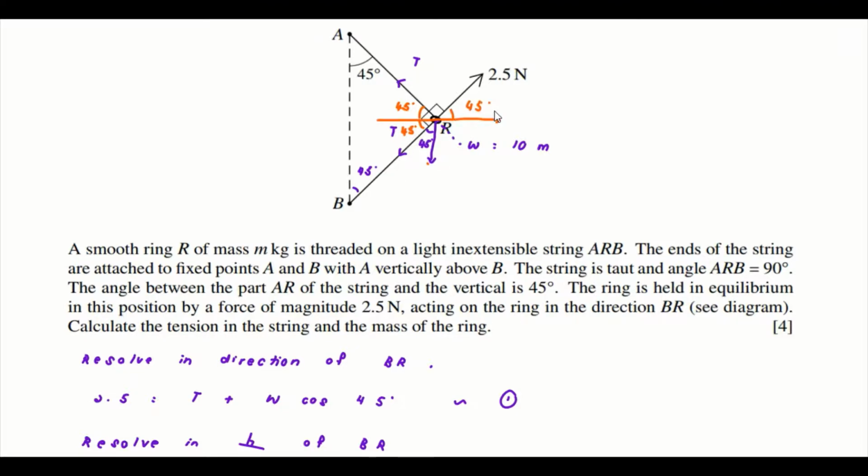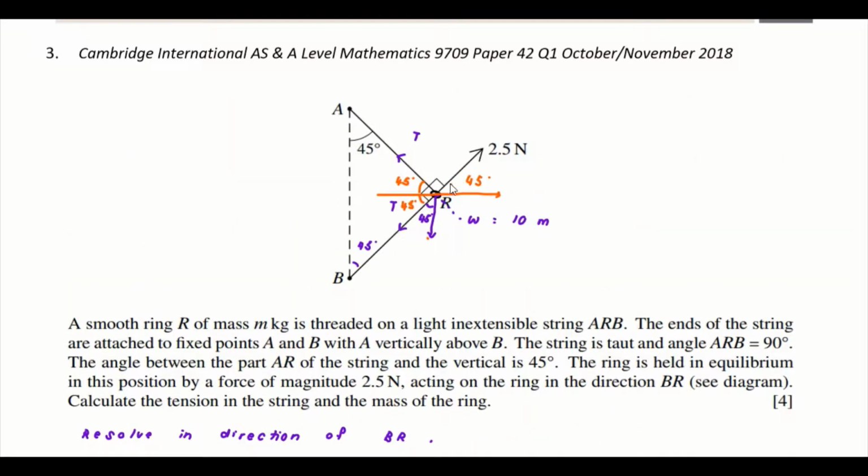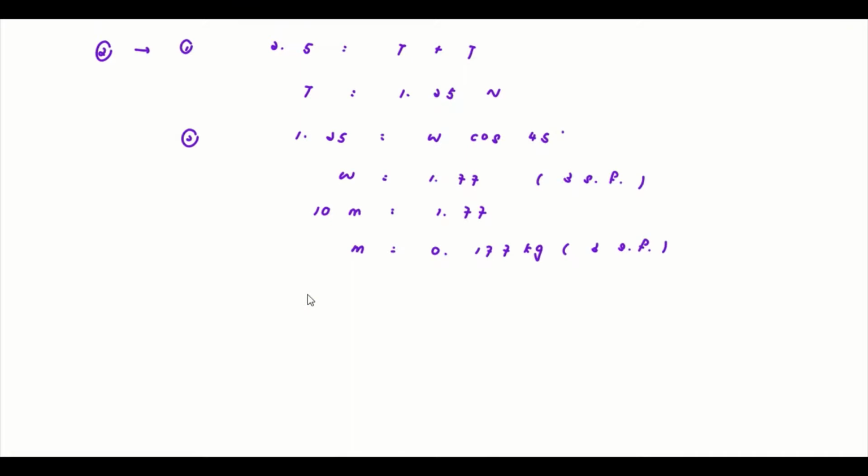Okay, so if let's say I try to resolve it horizontally, then what do I have? So resolving horizontally, I'll have 2.5. Yeah, so you can see that I'll have this tension cos 45, tension cos 45, equal to this 2.5 cos 45. So from there, I think we have only one unknown, then we can straight away solve it already.